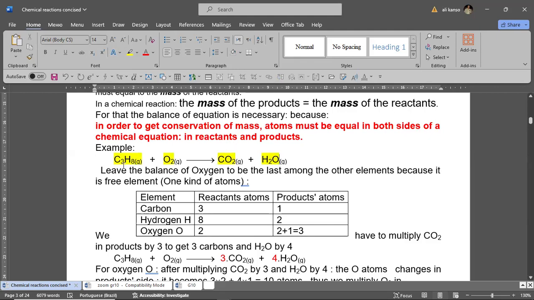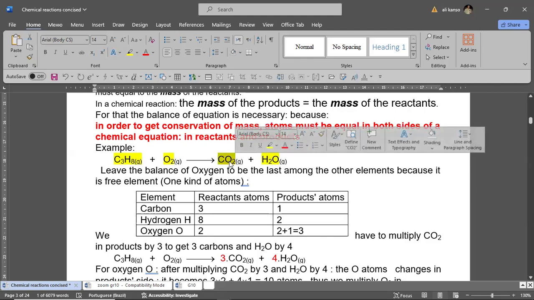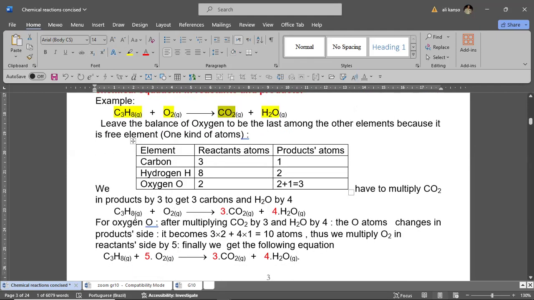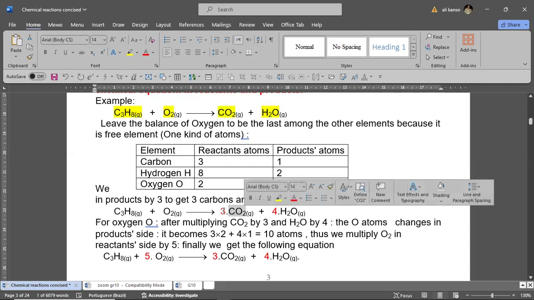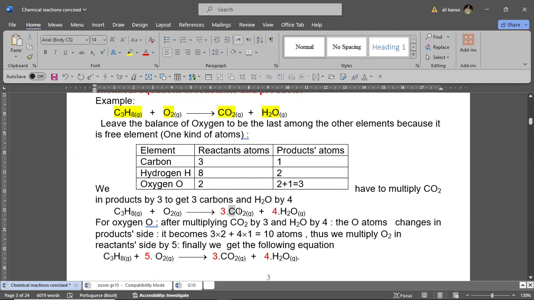If you have three carbons here, and here we have just one carbon, we have to multiply by a number. What do we have to multiply the molecule of carbon dioxide by in order to get three carbons? Here we have C3H8. We have to multiply this formula by 3, with no change inside the molecule.